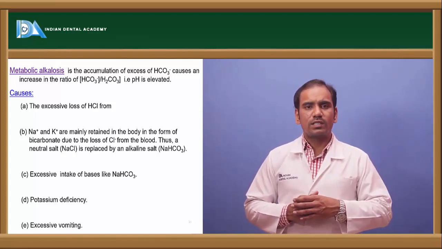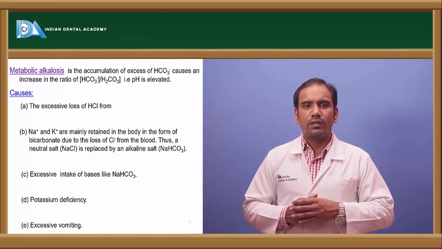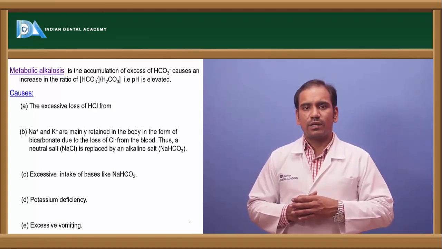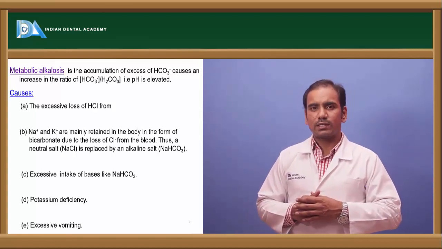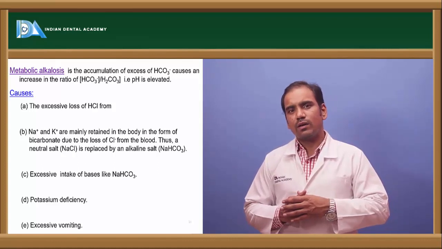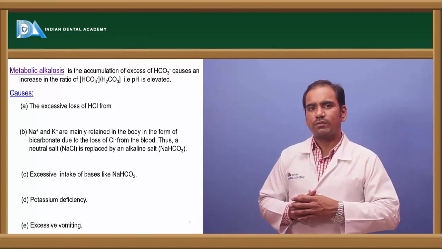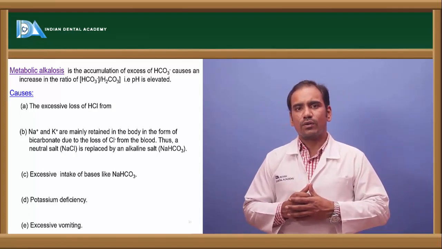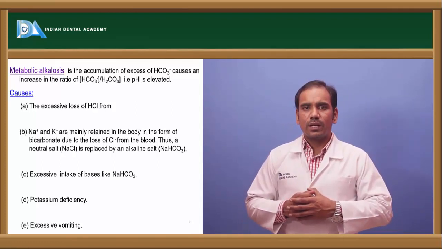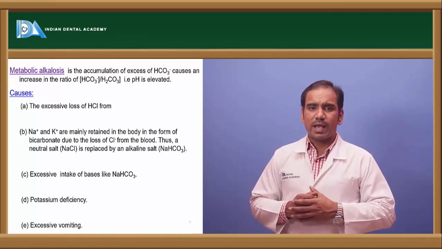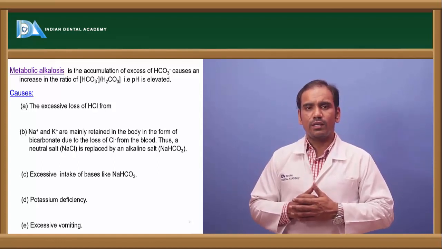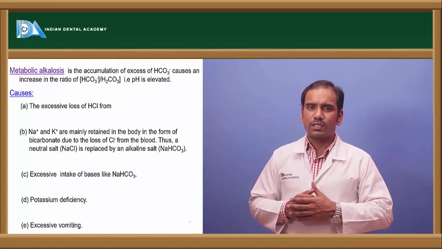Right? So what are the causes for this deficiency of carbonic acid and excess of bicarbonate? Here there is deficiency of carbonic acid because there is excess loss of HCl, right? So pyloric spasm leads to excess loss of HCl, in conditions like pyloric obstruction and spasm.